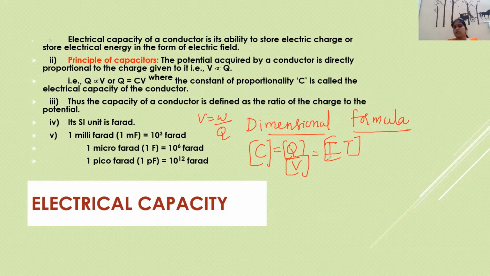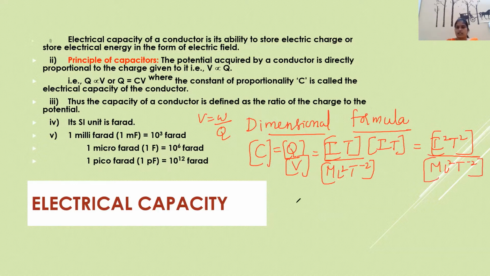So potential, I can write it as work done, which is M L square T power minus 2, divided by charge. Again charge comes in the numerator, IT. So that means I square T square by M L square T power minus 2. Rearranging, we get C as M power minus 1, L power minus 2, T power plus 4, and I square.